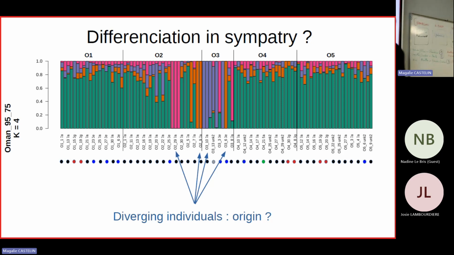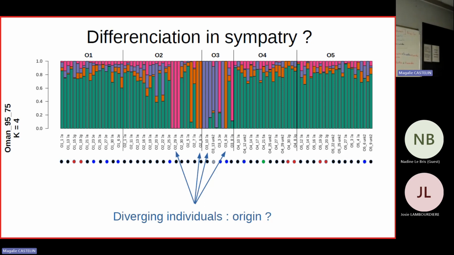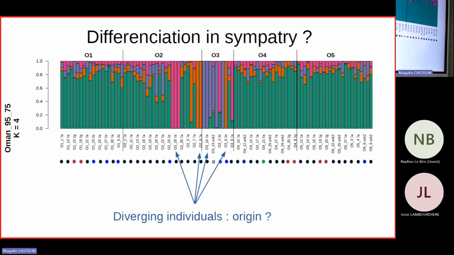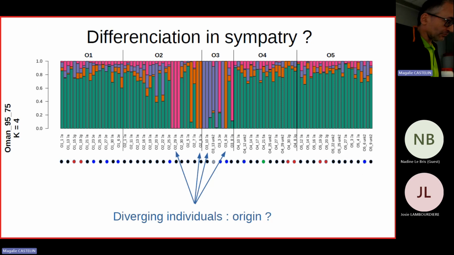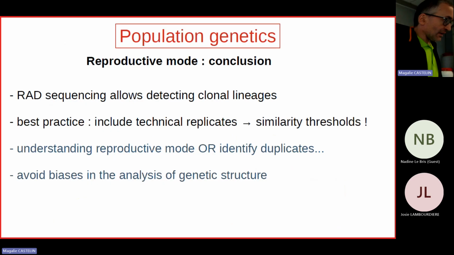Here, for example, you could briefly say, okay, maybe I have diverging lineages, maybe I have different species in my dataset, but no, these are not different species. This is the same species, but with some different clonal lineages, which blur or bias, as you want, the analysis of genetic structure. It also has consequences at the genomic level, but I won't talk about this today.